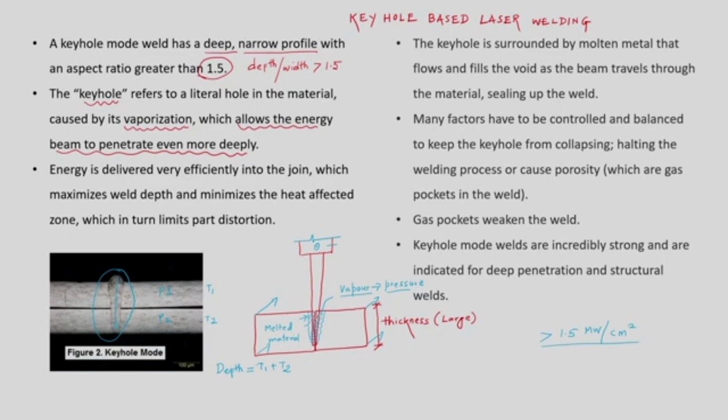The keyhole is surrounded by molten metal that flows and fills the void as the beam travels through the material, sealing up the weld. So, that we have already seen. There are many factors which are controlling and balancing the keyhole. Particularly, we have to be careful about the collapsing of the keyhole.